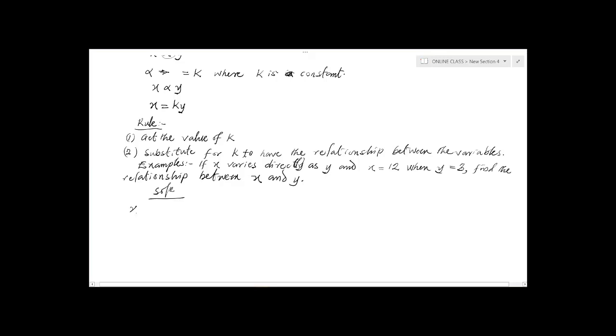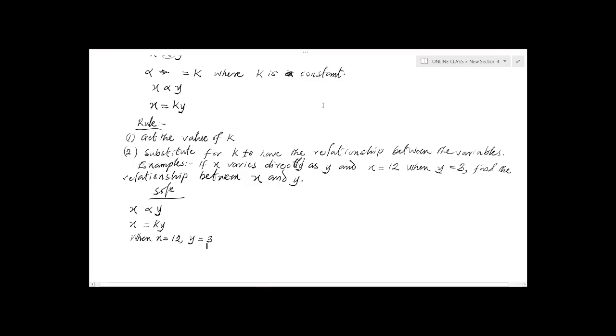Solution. They said that x varies as y. Then, just like I said, change the varies to equals ky. Then the next thing is to find k. They said that when x equals 12, y equals 3.